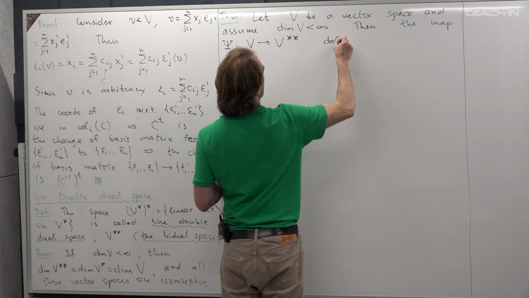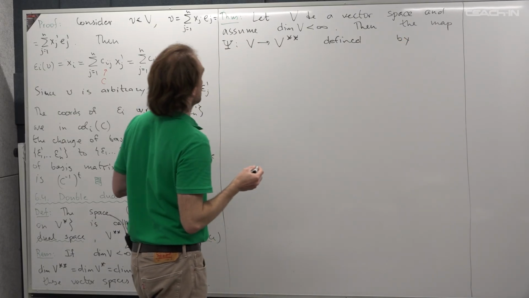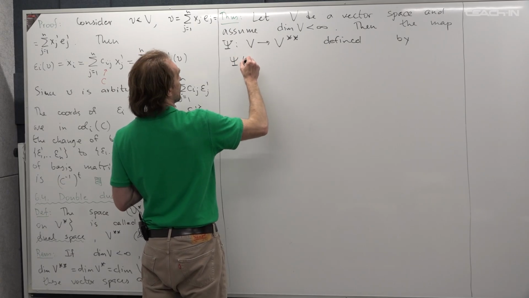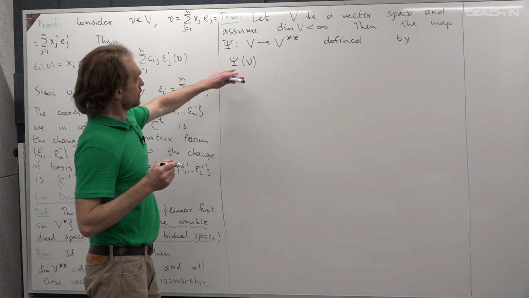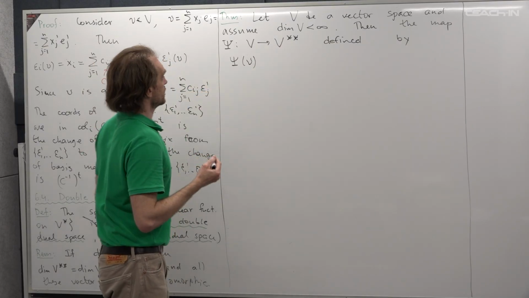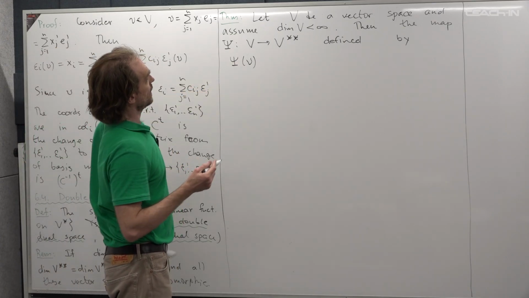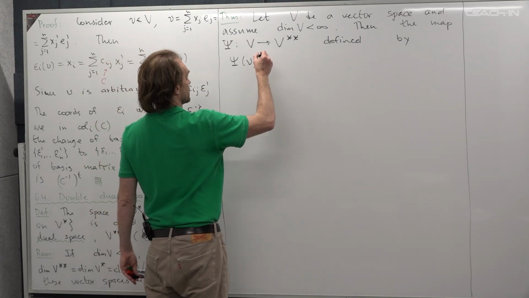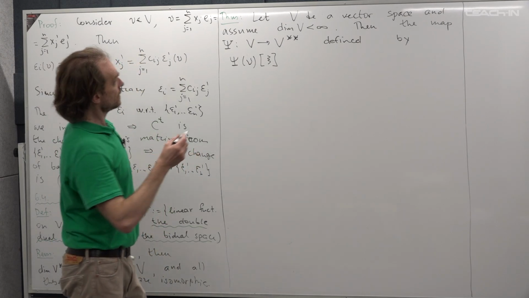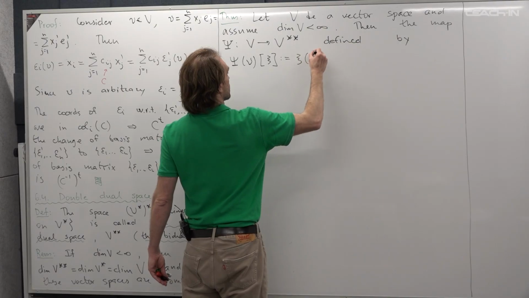defined by the following relation. So we take psi of v, and we want psi of v to be an element of the double dual space. So we need to explain how this linear functional acts on linear functionals. So we need to apply it to a linear functional, and we write down something very natural.